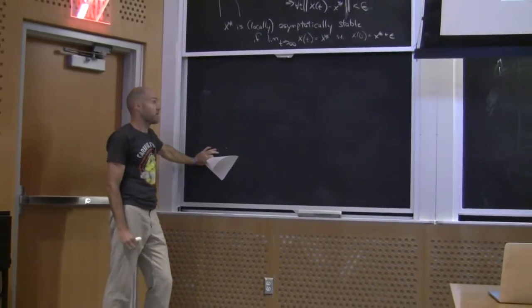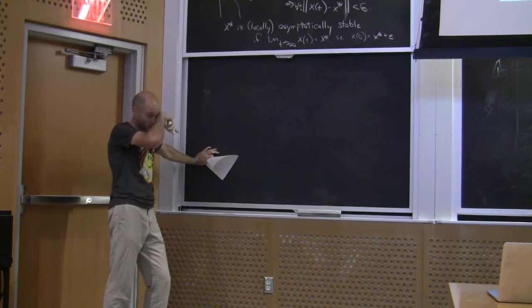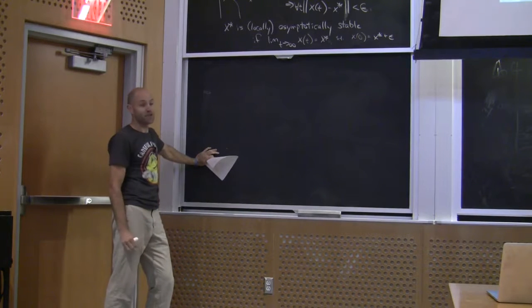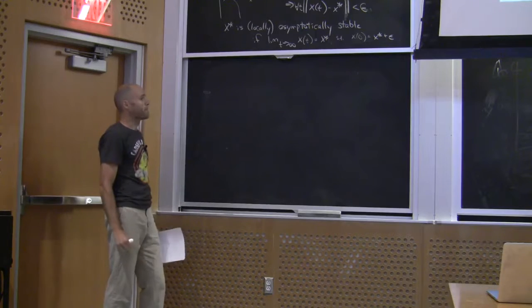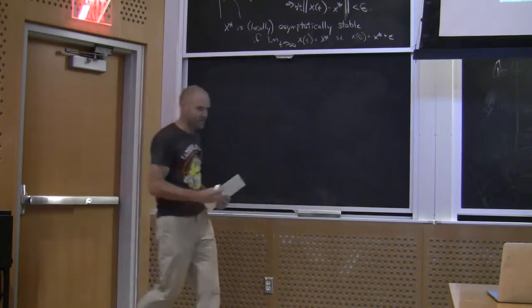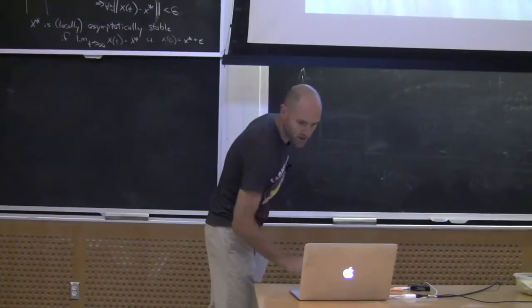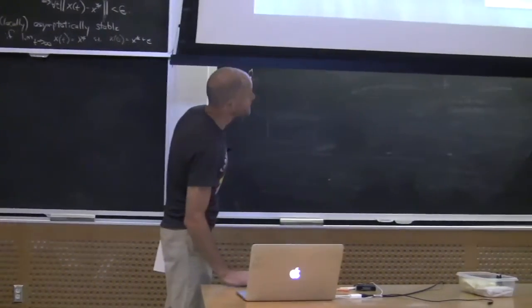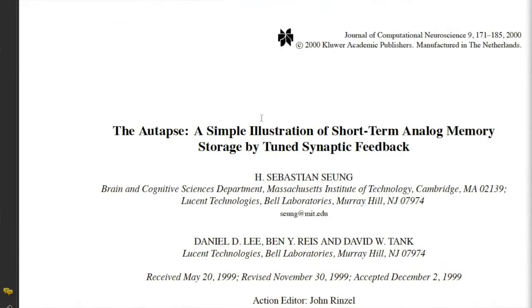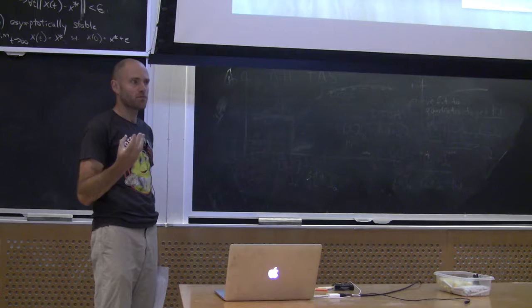He taught me a lot about dynamical systems and math, from the context of neuroscience, actually. One of the systems that he liked to study, and just so you believe me, there's one of his papers, for instance, on autapses, a simple illustration of using simple dynamical systems, like we're doing here, to talk about memory.